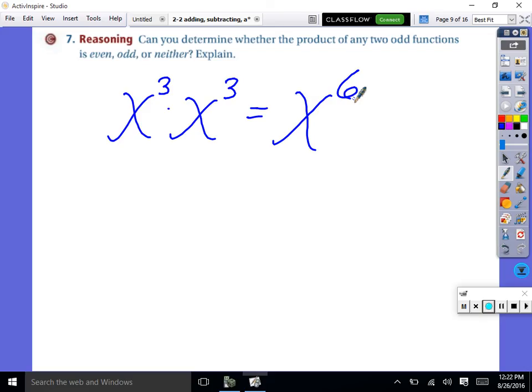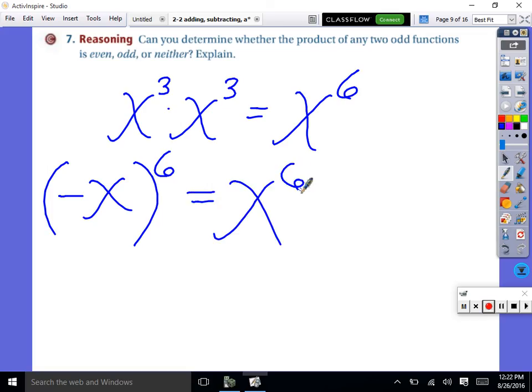But I want to make sure, it looks like it's going to be even, but I'm going to make sure. So I'm going to plug in negative x, wherever there's an x, into my function to make sure. So I'm plugging in negative x to the 6. Isn't that x to the 6? Wasn't it the same as our original function? So the product of any two odds will come out to be even.